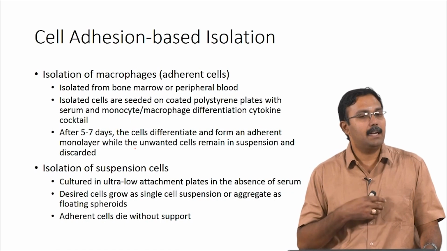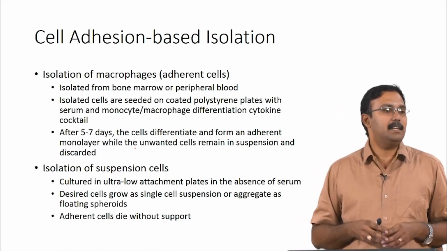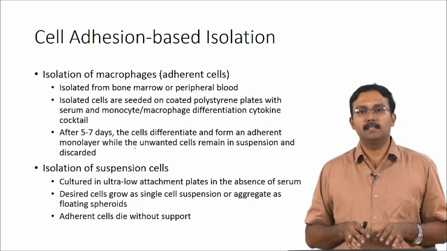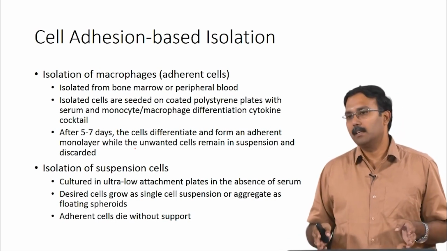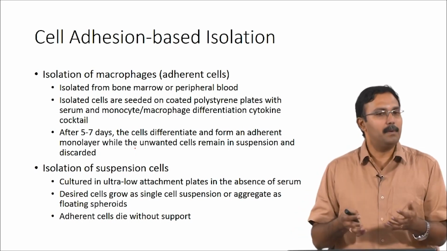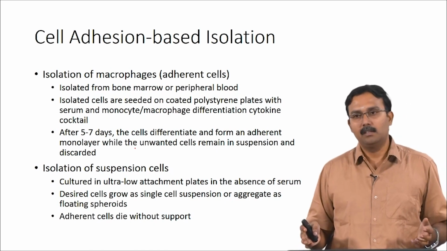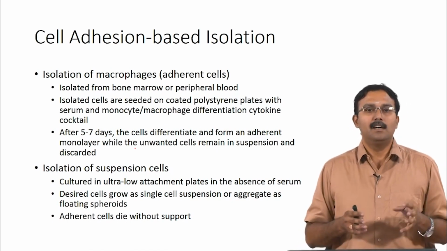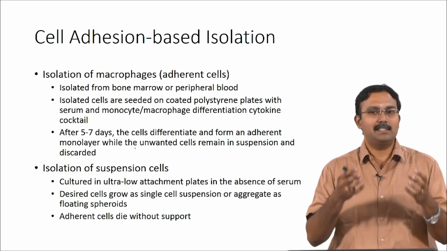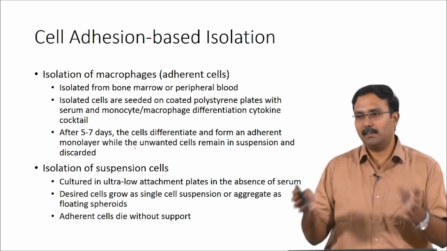If you are looking at isolating suspension cells, what you do is you culture them in ultra low attachment plates in the absence of serum. Now, these plates could either be very hydrophobic or very hydrophilic, and they will not support cell adhesion at all. So, what happens is the cells which can actually survive as single cell suspensions or aggregates in suspension will survive.